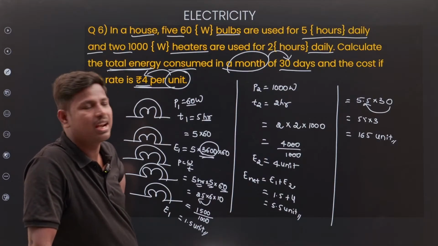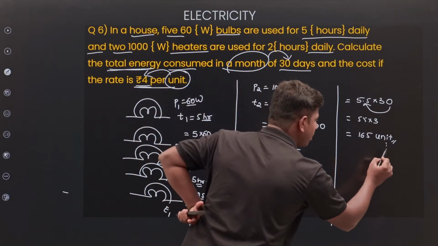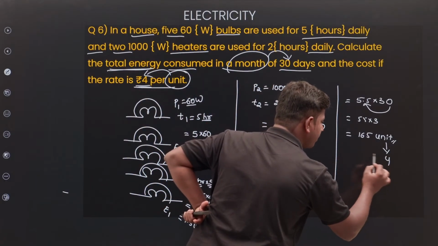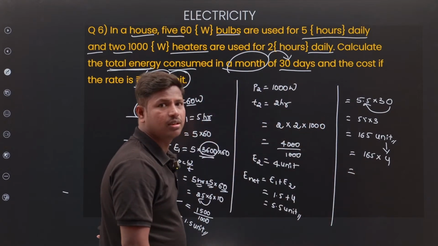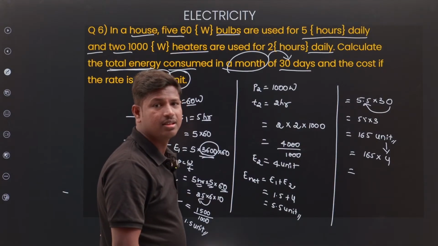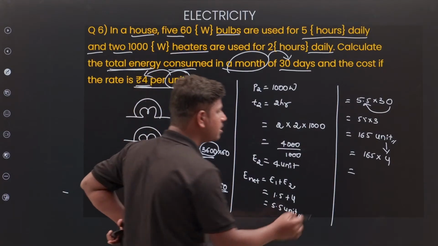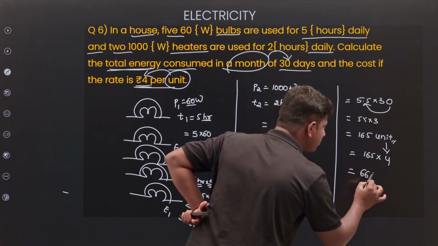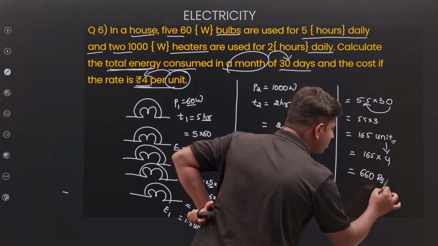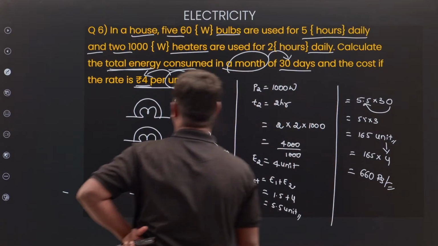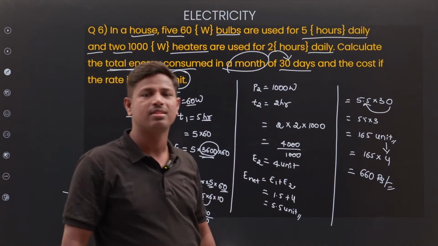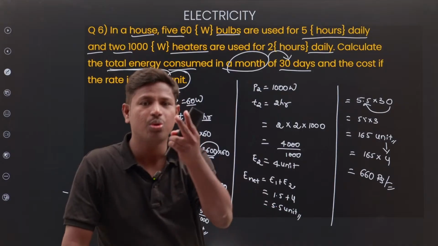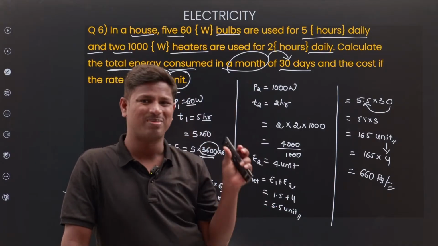So 165 units means 165 into 4. 4 sixes 24... 640, and 640 into 4 is 660 rupees. 660 rupees is the bill by using 2 heaters and 5 bulbs.